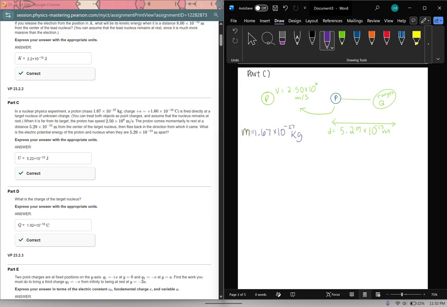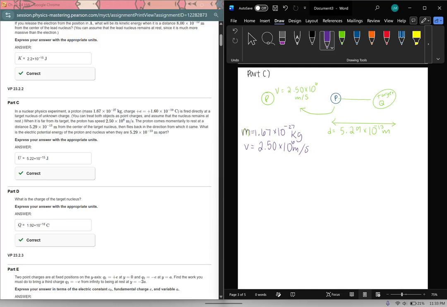For the speed, I'm going to use V, and the speed is 2.50 times 10 to the 6 meters per second.